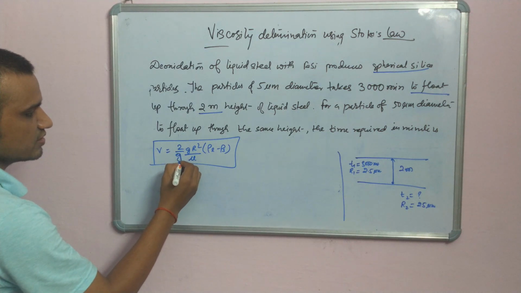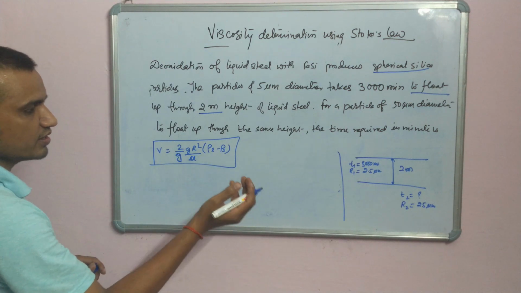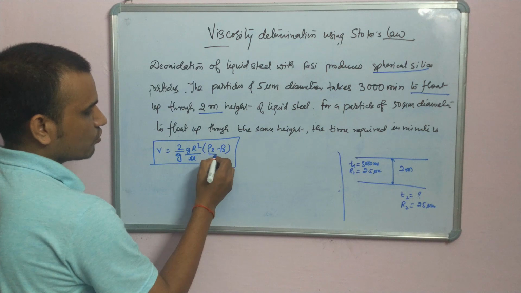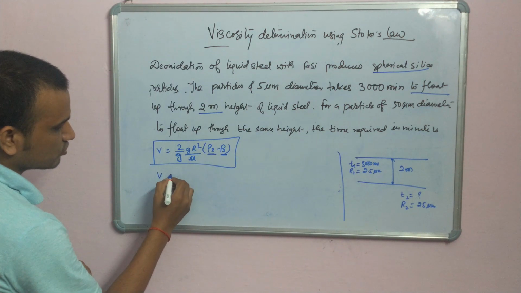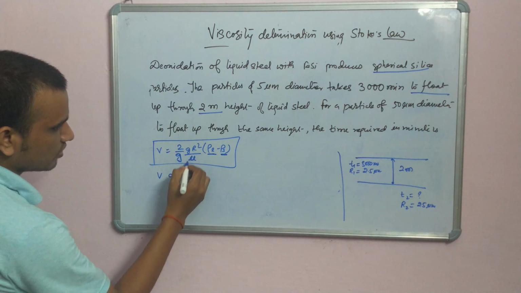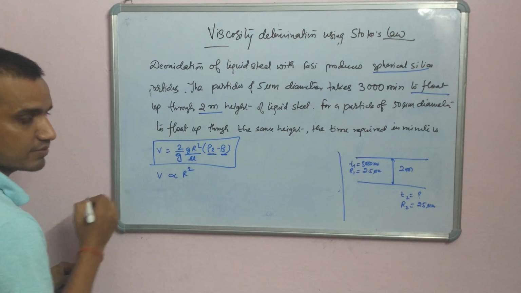Here g will be the same, viscosity of liquid will be the same, rho of liquid and rho of solid will be the same. So this velocity is directly proportional to r square.